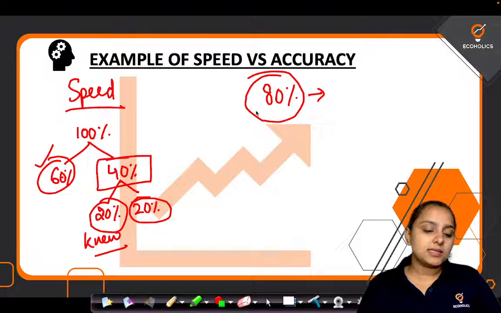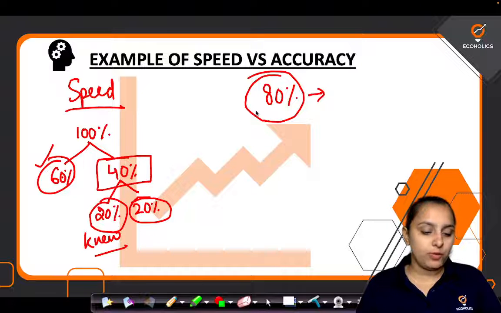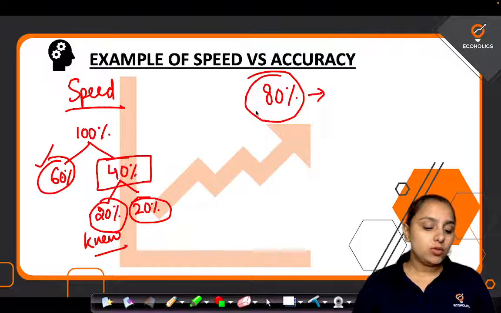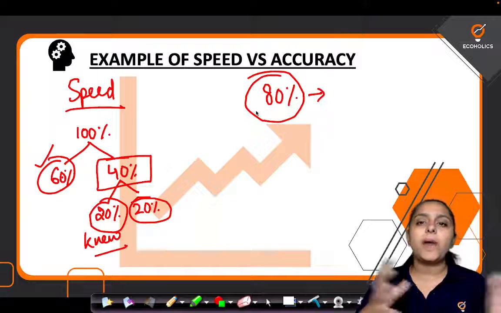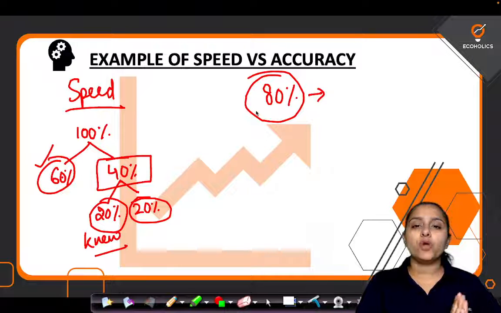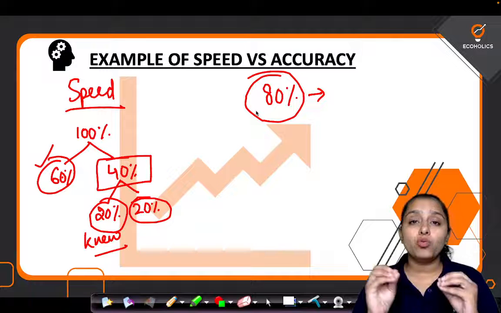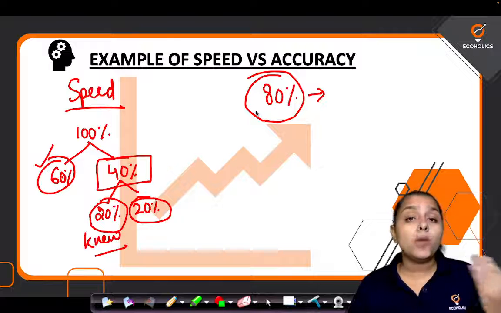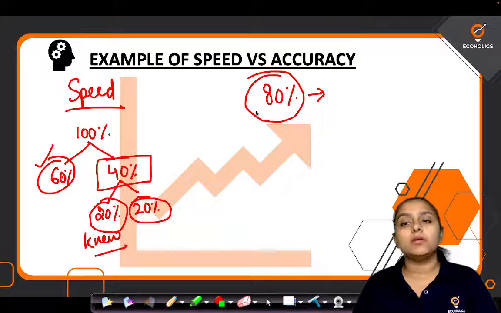Okay, Rahul is asking how many questions we can expect from econometrics or mathematical economics. See Rahul, UGC NET does not have a strict pattern that this number of questions will come from a particular section. They don't have any strict rules for that. But normally, you don't find too many questions from econometrics or mathematical economics.